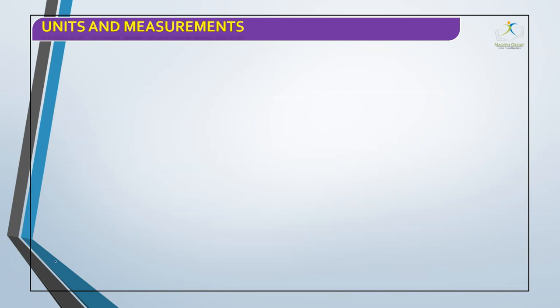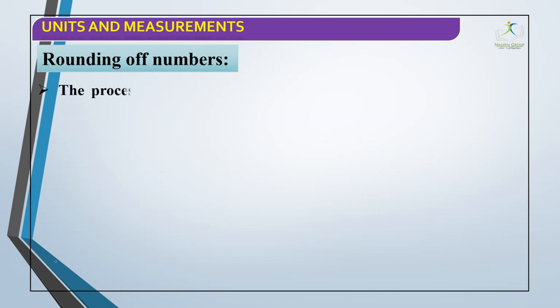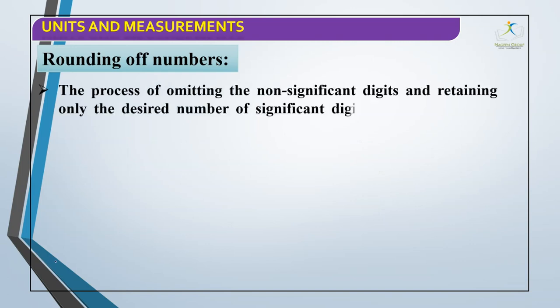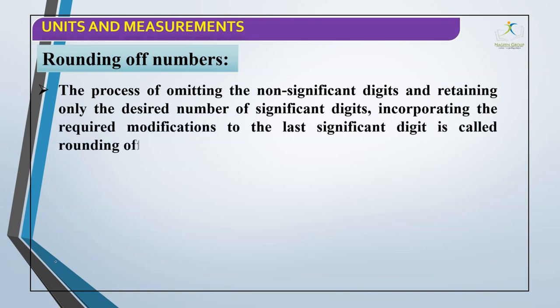The rounding of numbers. Rounding off numbers, students: the process of omitting the non-significant digits and retaining only the desired number of significant digits, incorporating the required modification to the last significant digit, is called rounding of numbers.